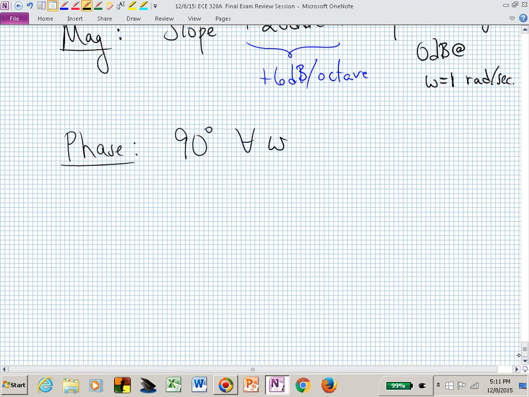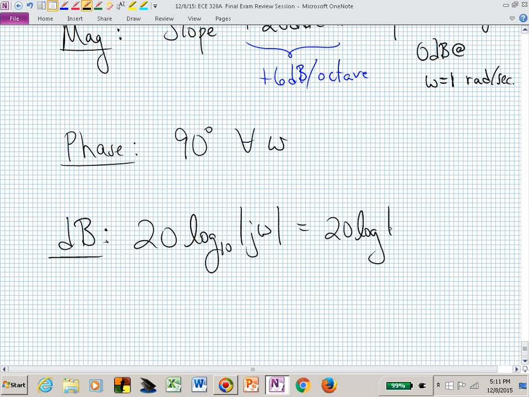And if we remind ourselves, we were saying that's 20 times the log base 10 of j omega. J has a magnitude of 1, so this is now 20 times the log of omega. And if we look at 20 times the log of omega when omega is equal to 1, that's 0 dB. That's where that was coming from. Question?